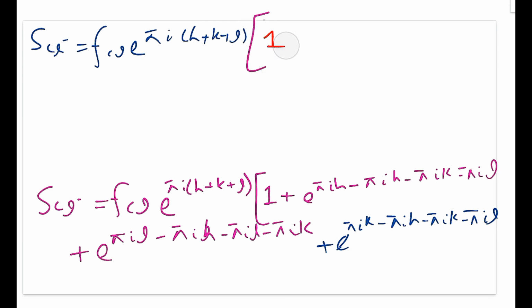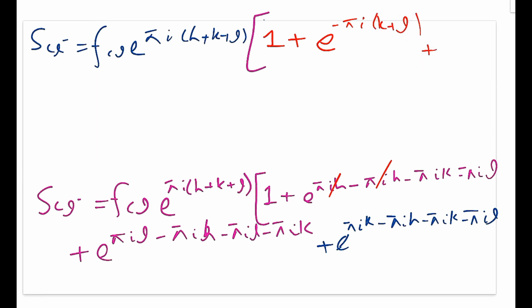It's 1 plus, now this pi iota h cancels out, and the other two are left behind, and we can take minus pi iota common, so it's minus pi iota into (k plus l).